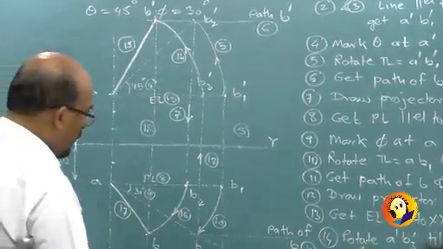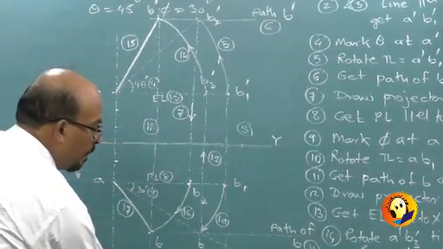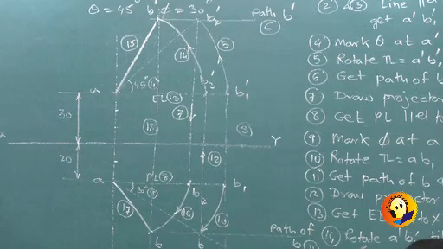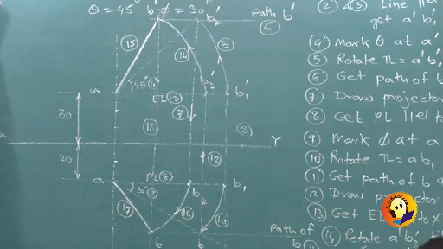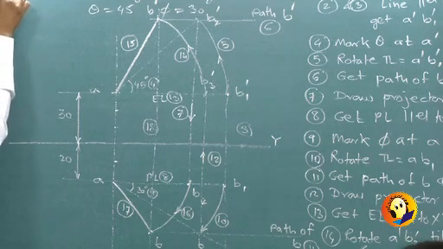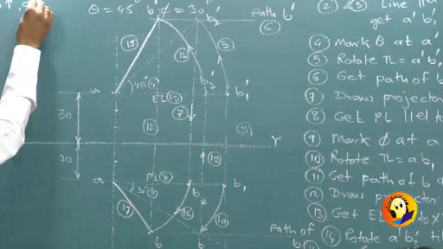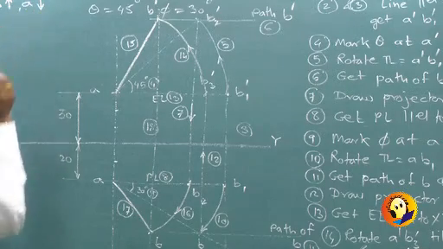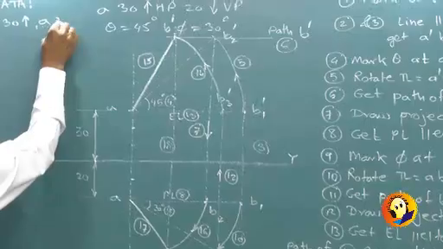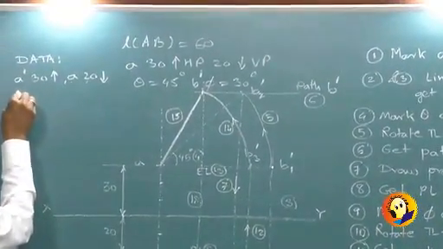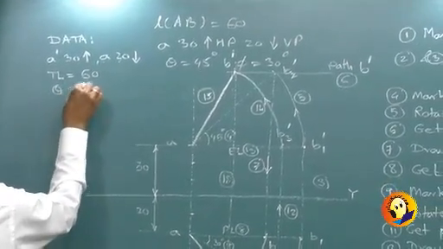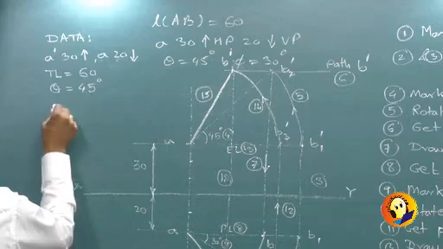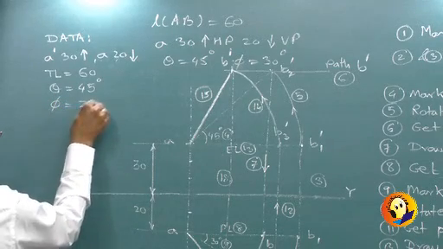Then for true length, either you can show it here itself 60, and data you should write it in this manner. It is A dash 30 above and A 20 below. True length is equal to 60. Theta is equal to 45 degrees. Phi equal to 30 degrees.